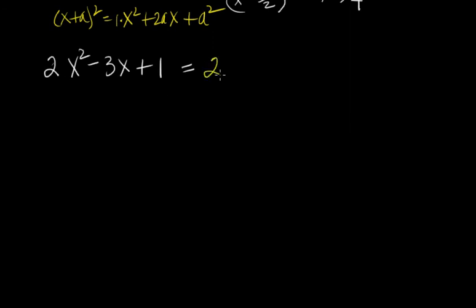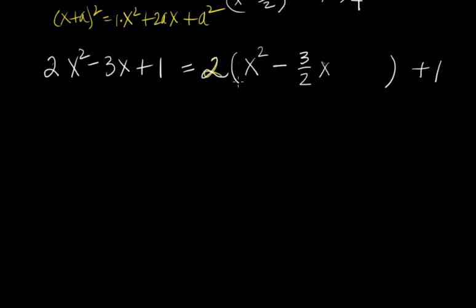So let's just factor the 2 out, and we have x squared minus 3/2 x, and close the parentheses. We still have the plus 1 hanging over there, but we divided the 2 out of the term with x squared and the term with x.